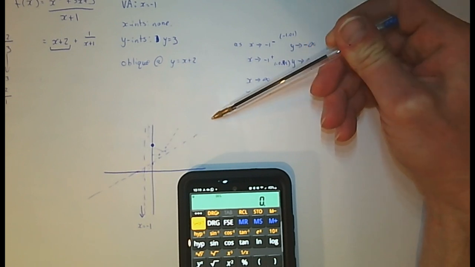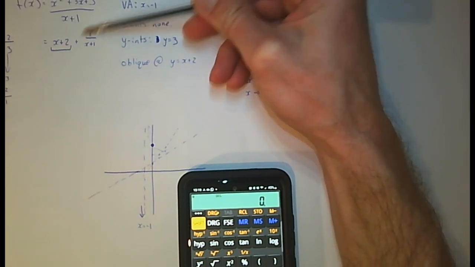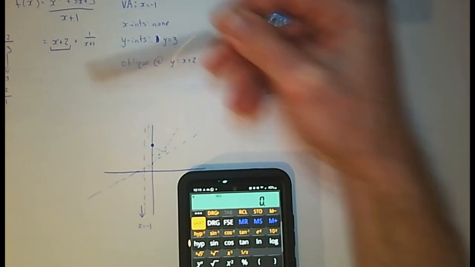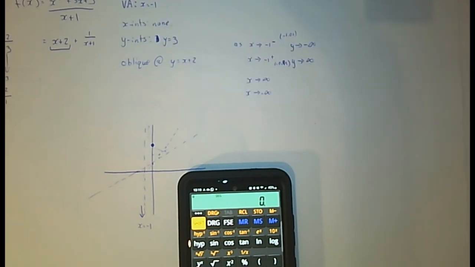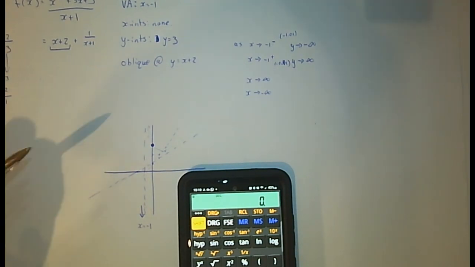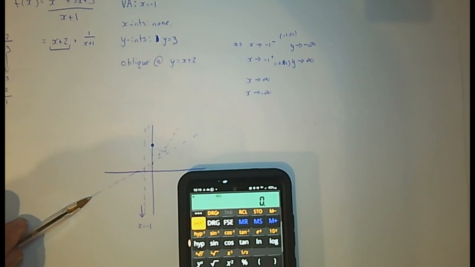Well, it's going to be at 10,002 plus something positive means it will be up a little, plus something negative means it will be down a little. And it'll be the same thing on the other end. At negative 10,000, this line will be at negative 9,998, plus a positive number means it would be just above it, plus a negative number means it'll be just below it. And that'll tell me my end behavior.